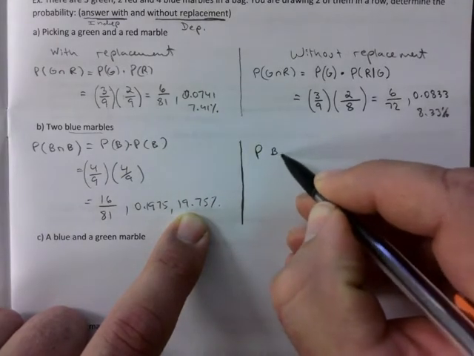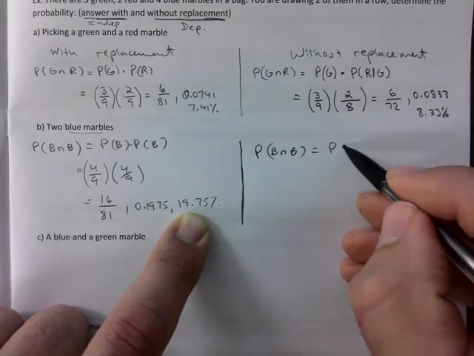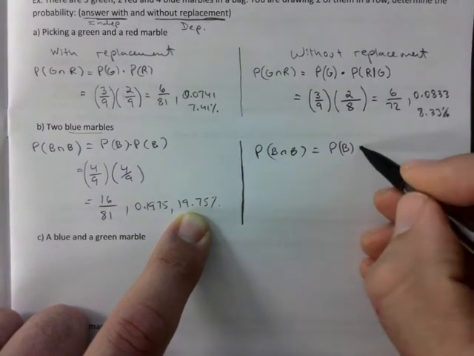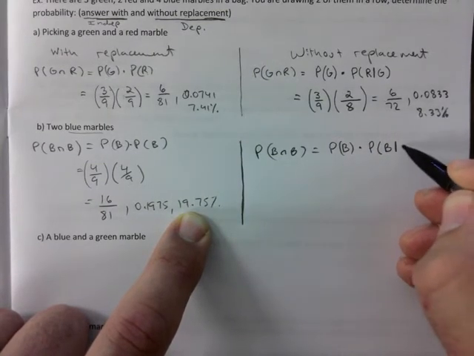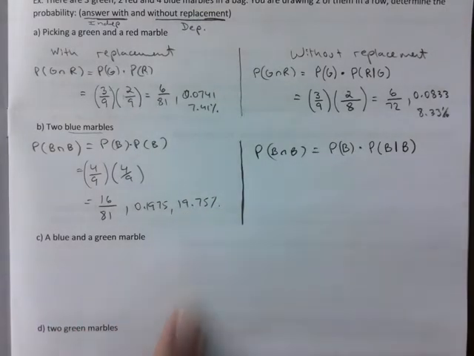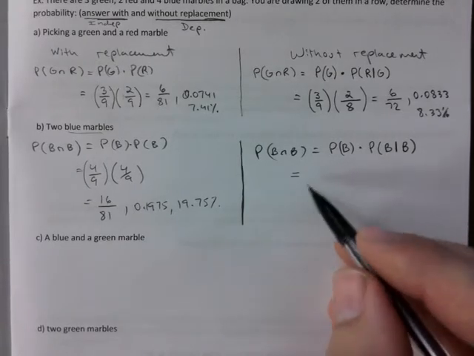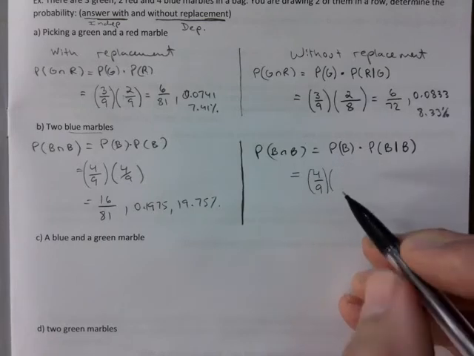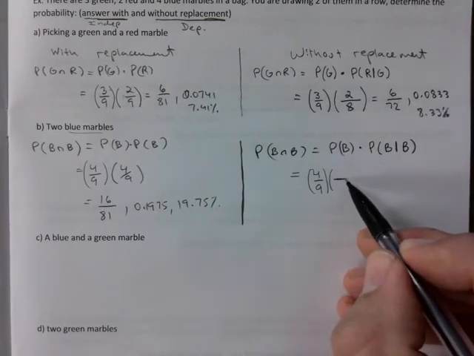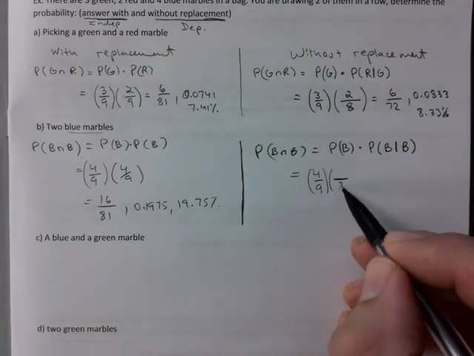Now let's do the scenario where you're not replacing the first marble. Probability of blue and blue, you write it like this. Probability that you're grabbing a blue times probability that you're grabbing another blue given that the first was already a blue. So you've got to write it out like that. Probability of blue at the first go is 4 out of 9. This is special. This is going to be a little different than before. How many marbles are left? 8.